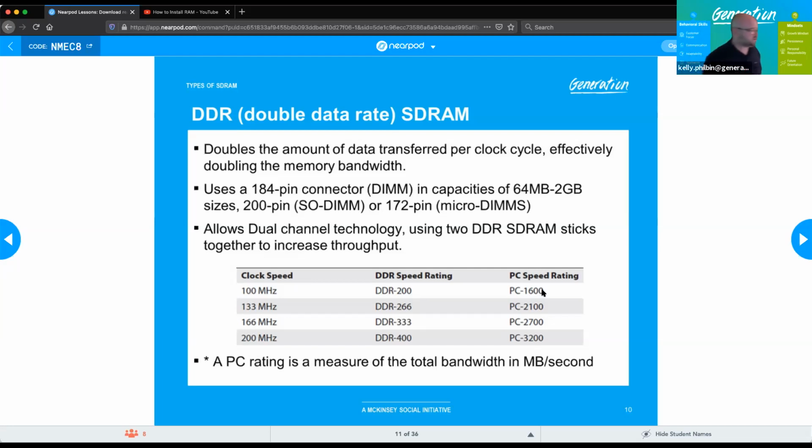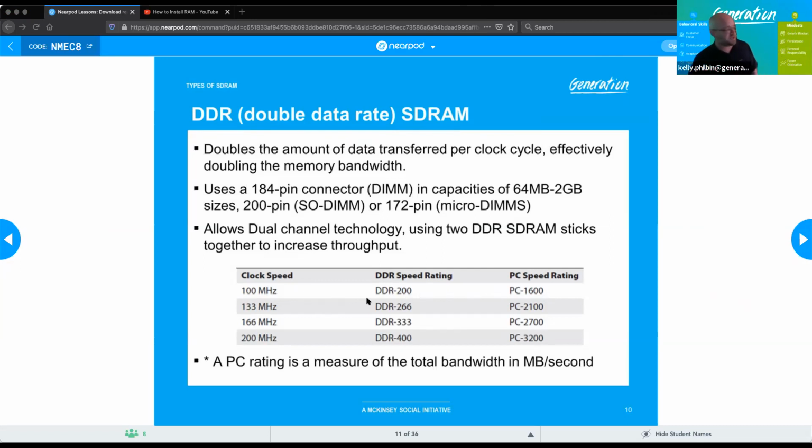Marvin, can you check that for me real quick? I always looked at it as it doubles. So clock speed to DDR speed rating is times 2, then times 8 to get your PC speed rating. Yes, you are absolutely correct. Sorry, I had a memory slip.